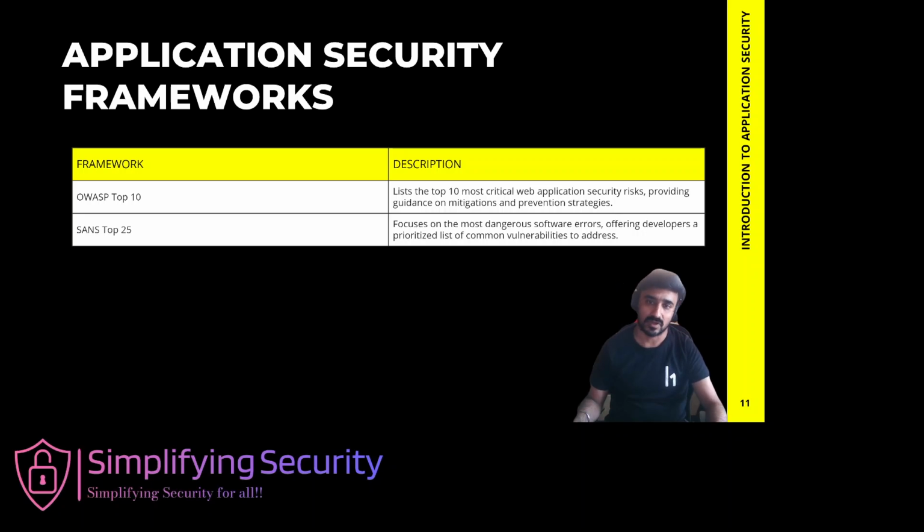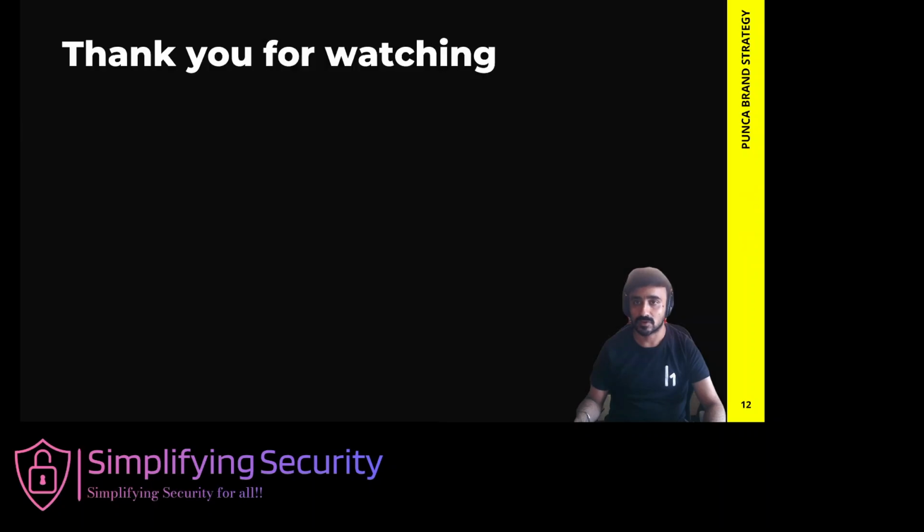Based on those reviews, they keep changing the OWASP Top 10, which contains the top 10 critical web application security risks. SANS also has its top 25, where they list the most dangerous software errors. I'll be talking through these two frameworks in upcoming videos, and we'll be sharing them with you.